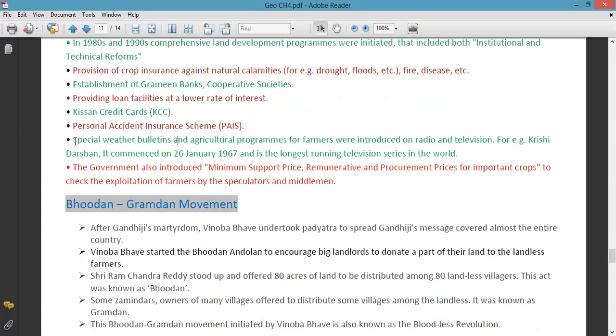Apart from this, special weather bulletins and agricultural programs for farmers were introduced on radio and television. For example, Krishi Darshan commenced on 26th January 1967 and is the longest running television series in the world. Even nowadays, fishermen are getting more GPS equipment while boating.